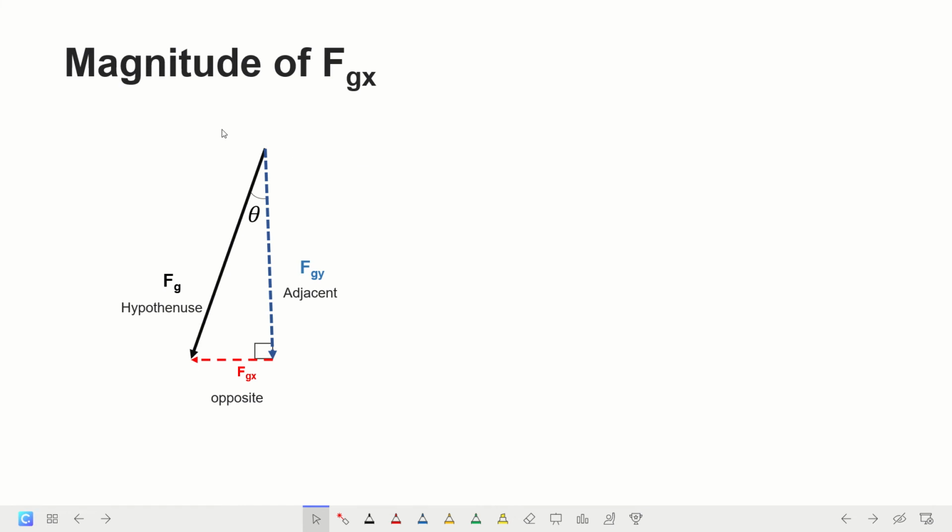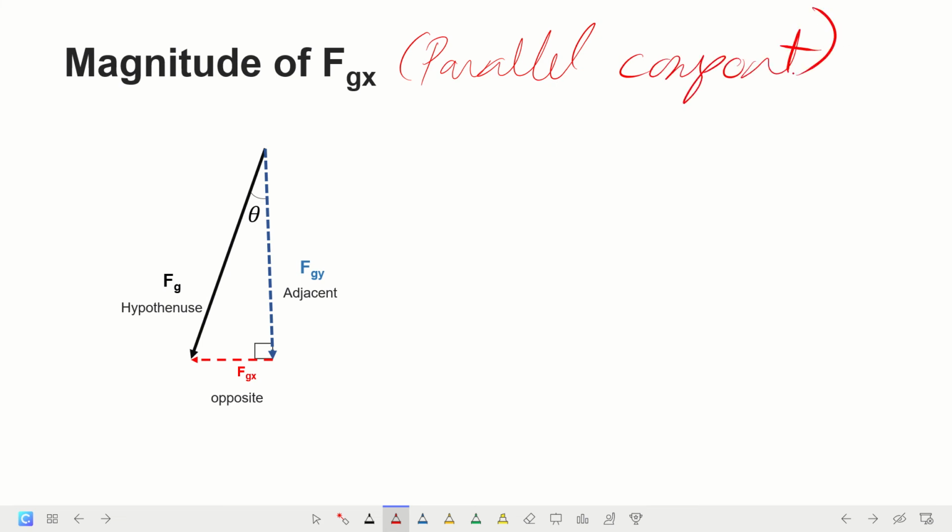So how do we now solve for the magnitude of the force parallel to the plane? F_g,x is the force, or the parallel component. How do we now look for the value?